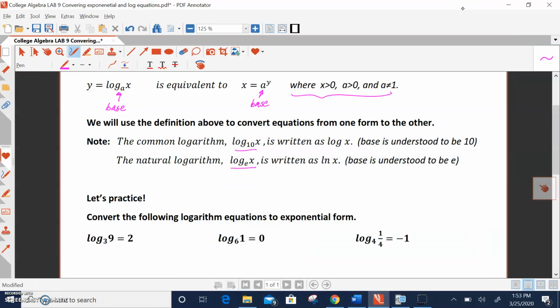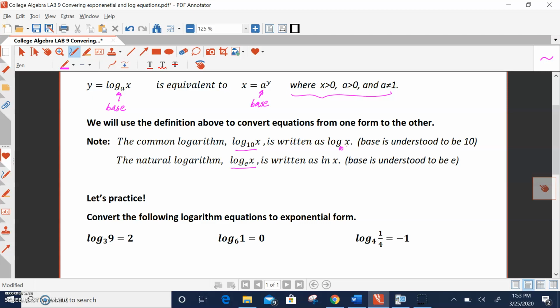To get familiar with this, whenever you see the log x, I suggest that you write in the 10 so you remember it has an understood base of 10 there.